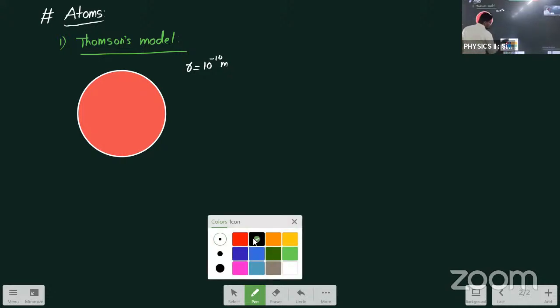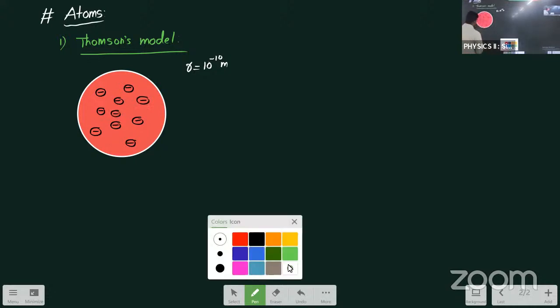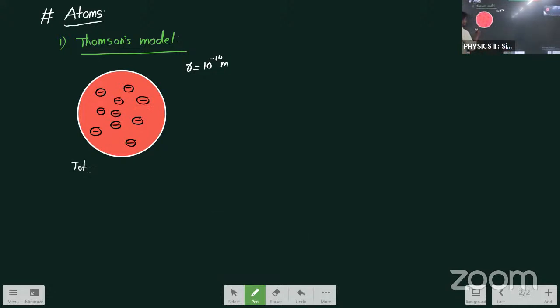Further, he said that negative electrons are embedded inside this positively charged sphere such that the total negative charge is equal to the total positive charge.